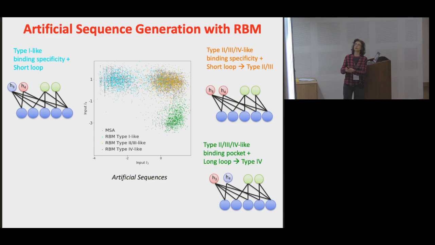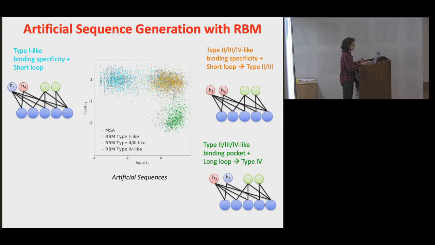If you, on the contrary, fix the 2 hidden units to positive values, you will have type 2 or 3 sequence specificity. And if you fix the 3 to a positive value and the 4 to a negative value, you will have a type 4 specificity sequence.